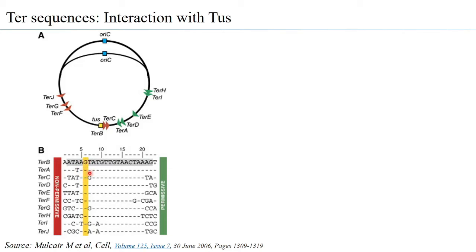So as we move through the session, one is able to understand that this GC base pair has an important role to play in termination.